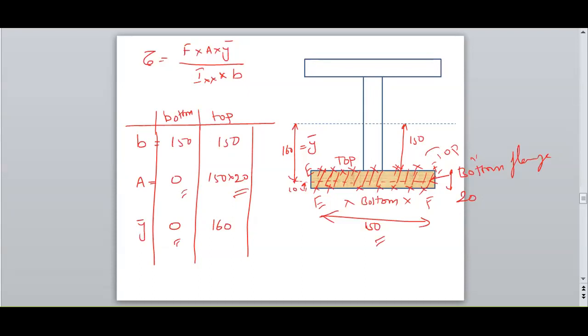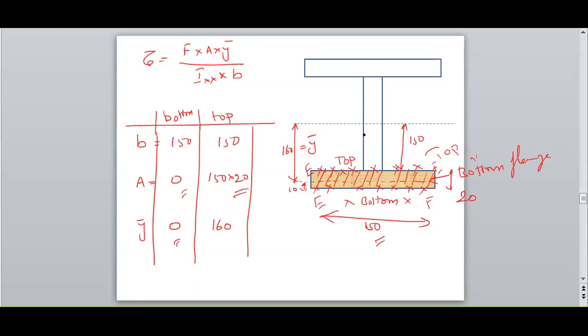The local centroid is 10 from the bottom, therefore I get the Y bar as 160 mm. I can substitute in my equations to find the shear stress of the bottom flange.